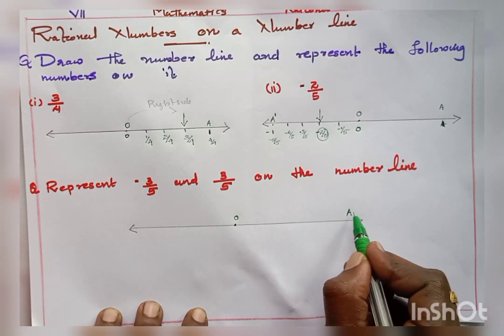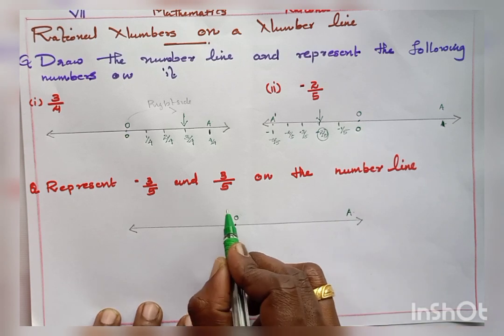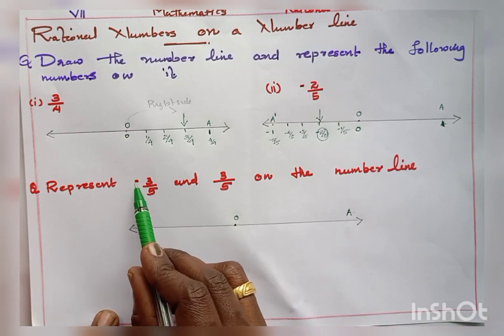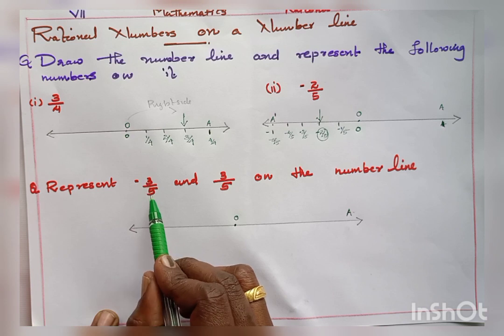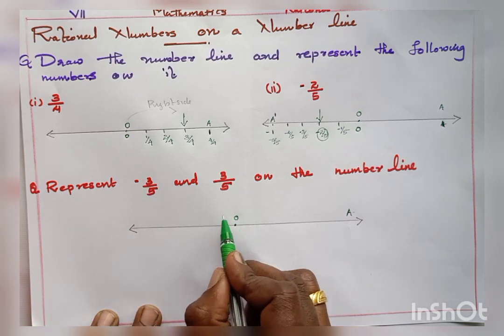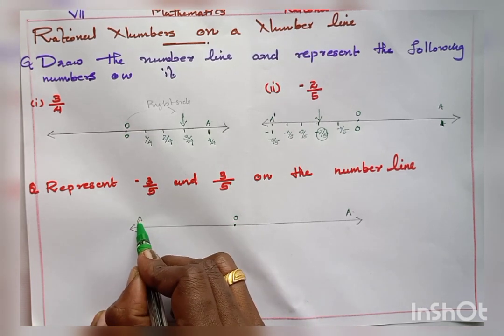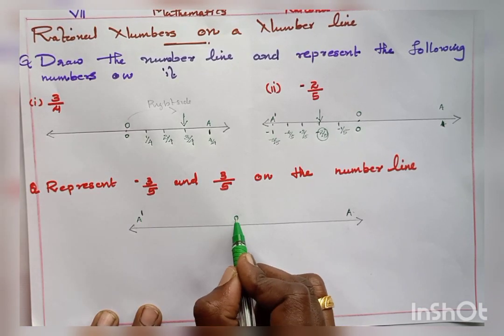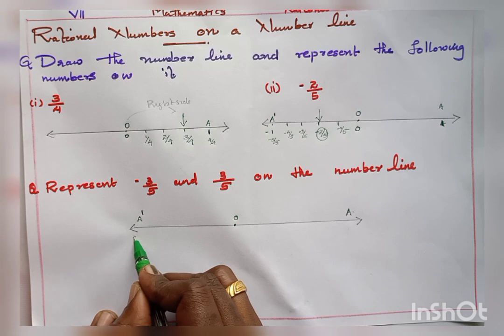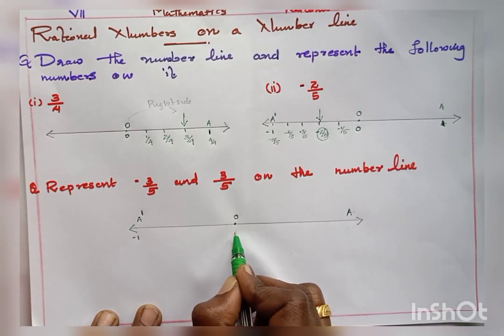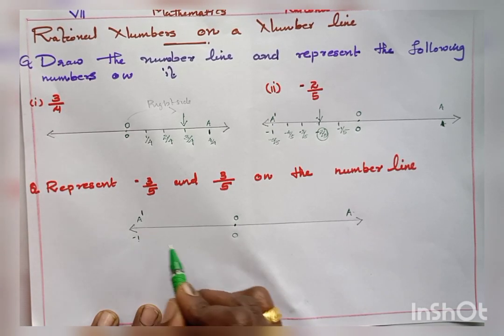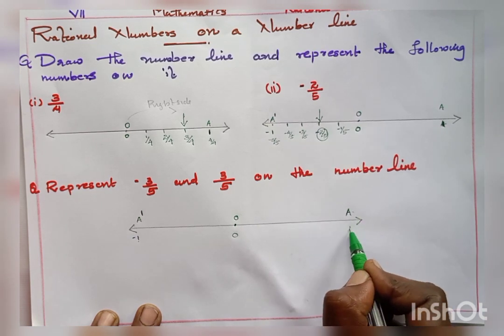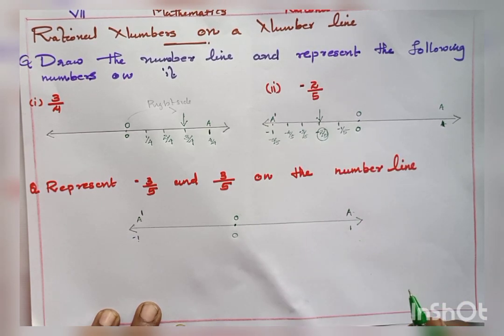That is the positive side. Then we want the negative side also, to represent negative 3 by 5. So from O, taking 1 unit to the left side, we get A dash. O to A dash is negative 1. That means 0 to negative 1 is 1 unit, and 0 to positive 1 is 1 unit.